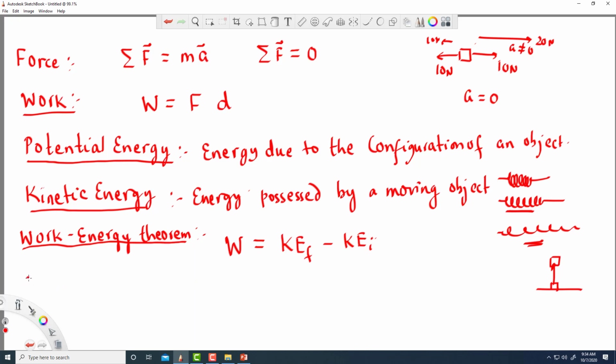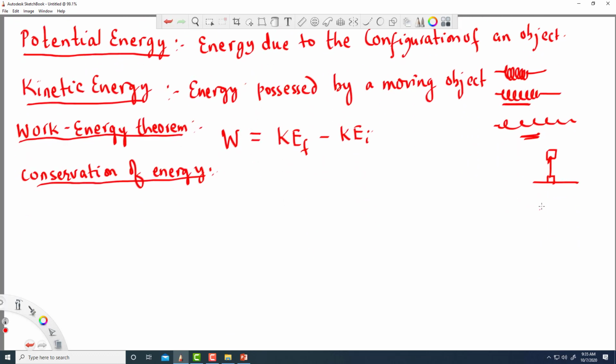And the next thing is conservation of mechanical energy. We'll be using all these ideas in this chapter. Mechanical means potential and kinetic energy. It says that energy is conserved. If you drop an object from some height, at the highest point it has all potential energy, it's not moving, and at the lowest point, just before hitting the ground, it will have all kinetic energy.